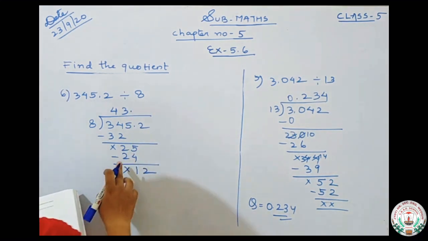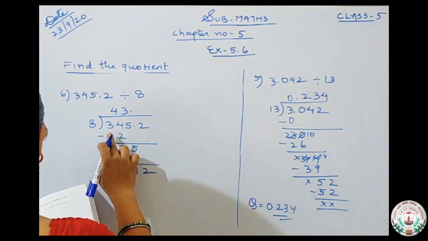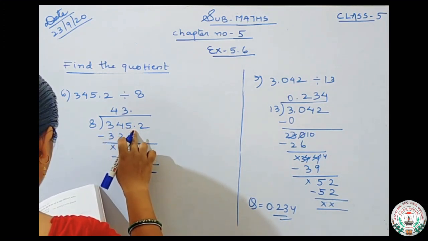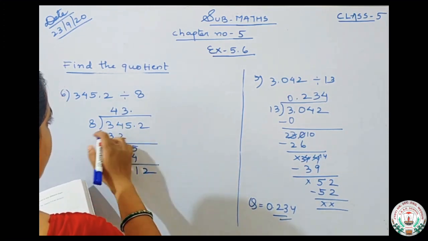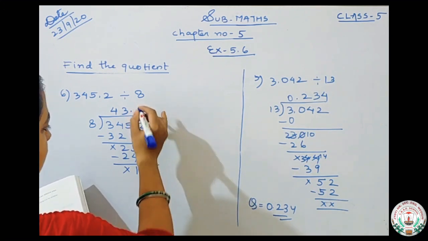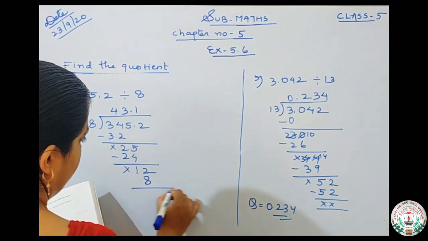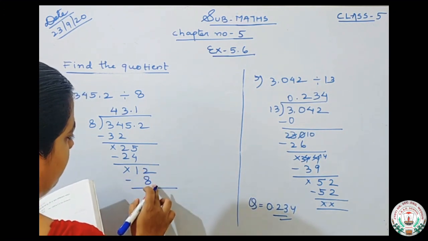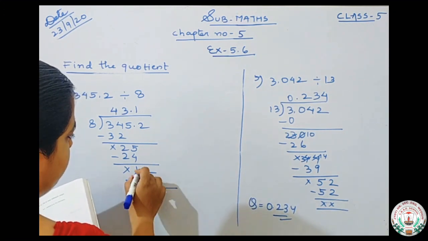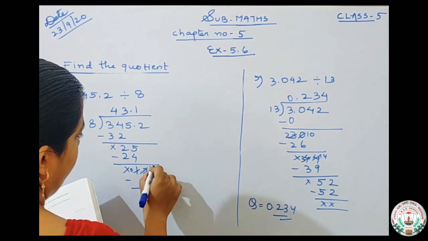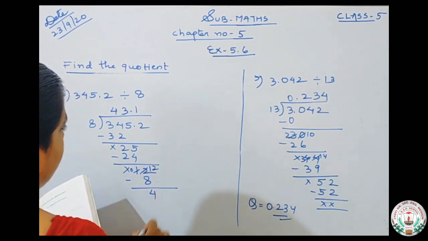5 ones of 5 here, 345.2. Okay, so we will take here 8 ones are 8, 8 twos are 16. 16 will be greater, so we will take 8 ones are 8. Minus it, 2 minus 8 is not possible, so we will take here 0. 12 minus 8 is 4.